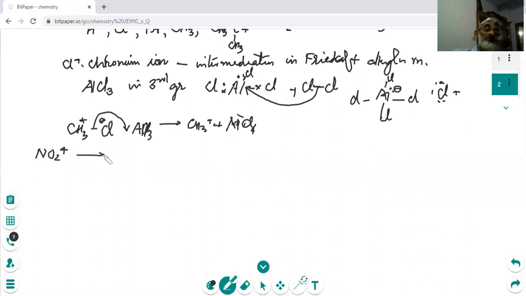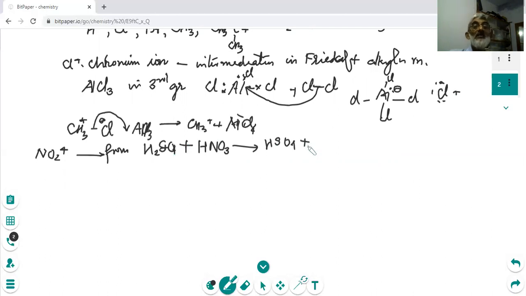This can be made from a mixture of sulfuric acid and nitric acid, which will give HSO4 minus plus H2O plus NO2 plus.